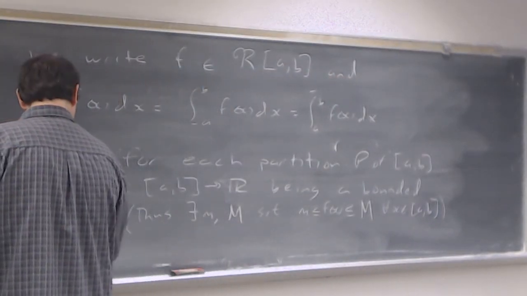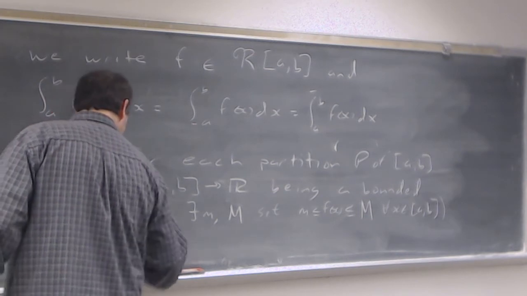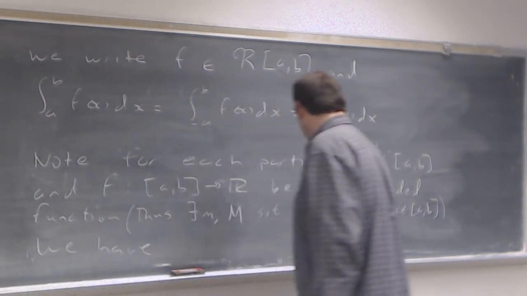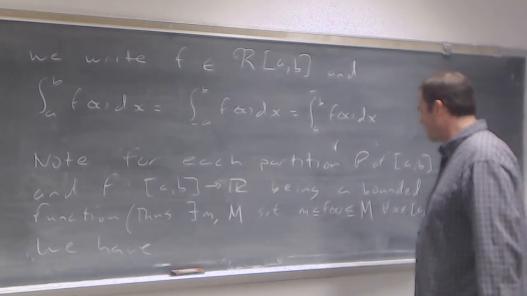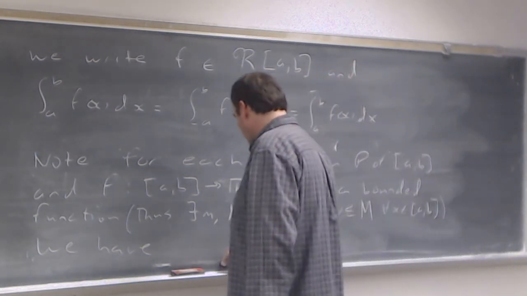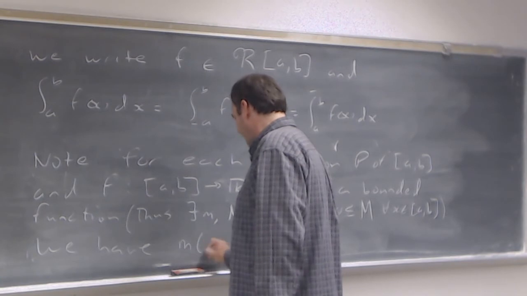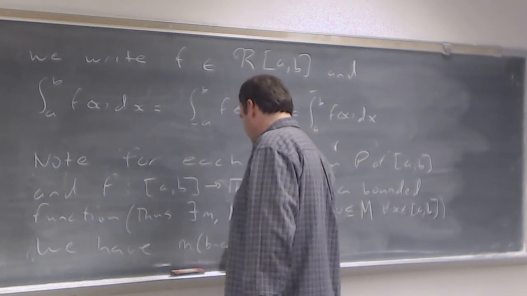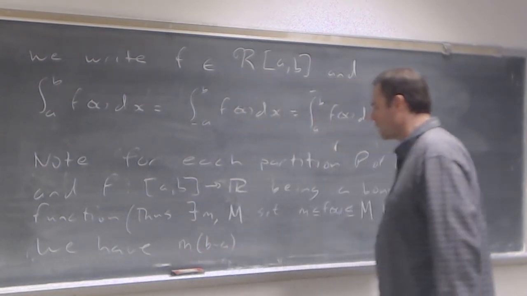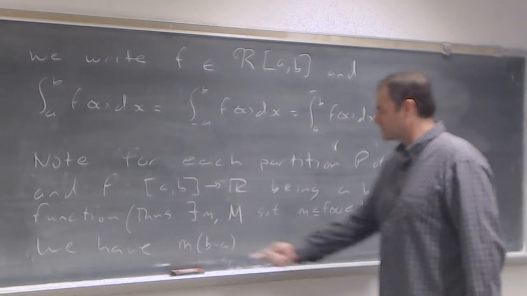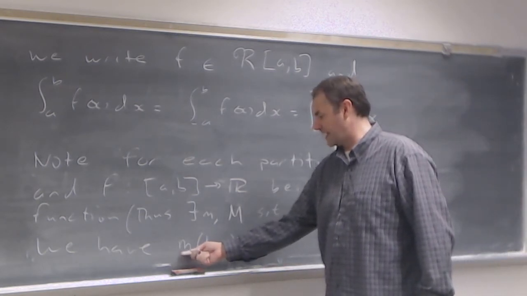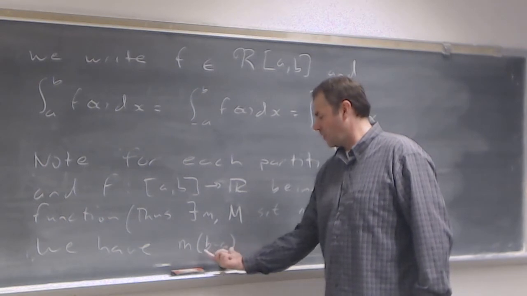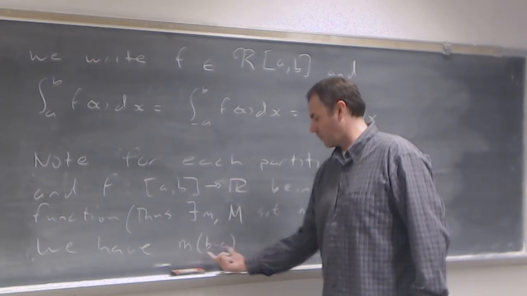Okay. So this is what we've got. First of all, the smallest quantity I'm going to look at is little m times b minus a. So here you're taking the smallest output value of f of x, and you're multiplying it by the length of the whole interval from a to b.